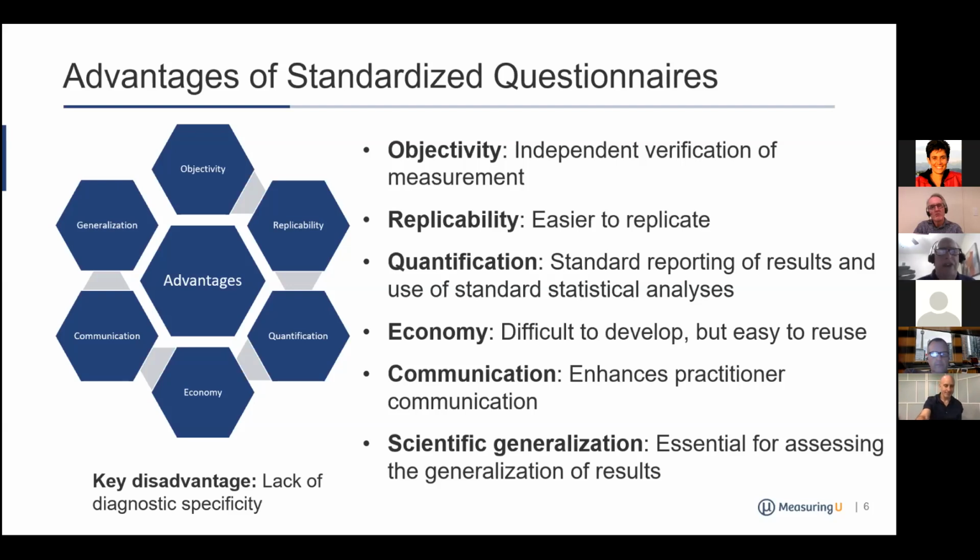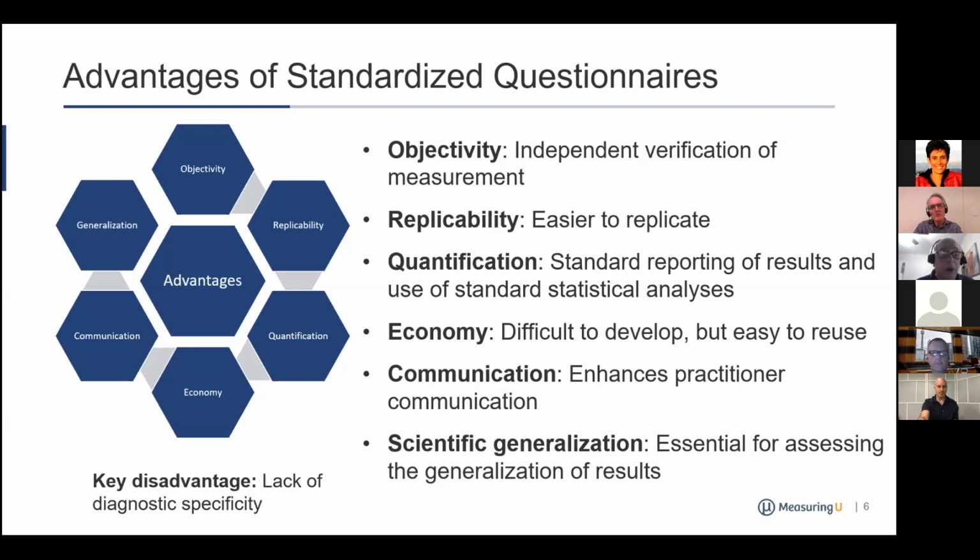This makes studies easier to replicate. It makes reporting of quantification easier. And even though these can be difficult and time consuming to develop and to validate, once you've got it, then reuse is very easy.